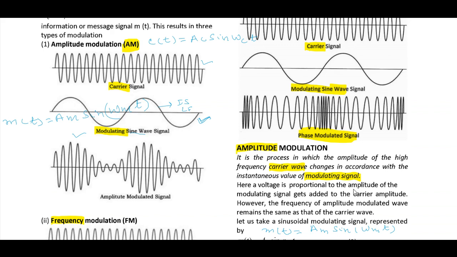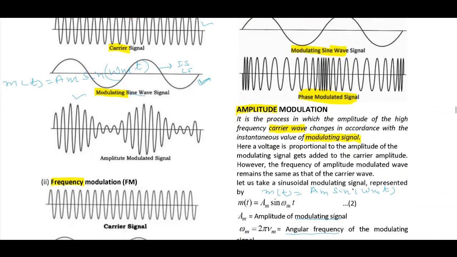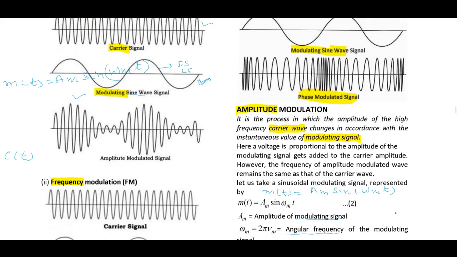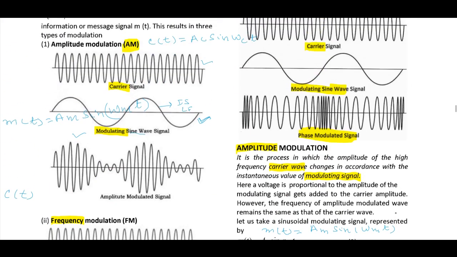The equation for the amplitude modulated wave will be, now the carrier wave or the modulated wave will be c(t). Ct is this carrier wave with amplitude Ac. m(t) is the modulating signal with amplitude Am.